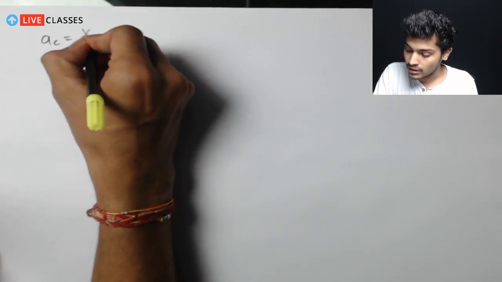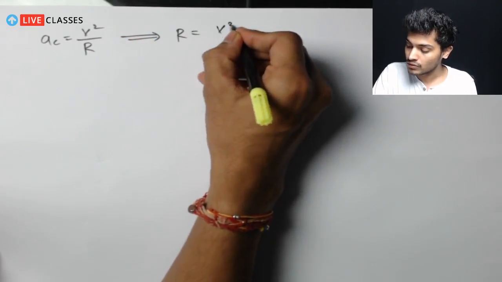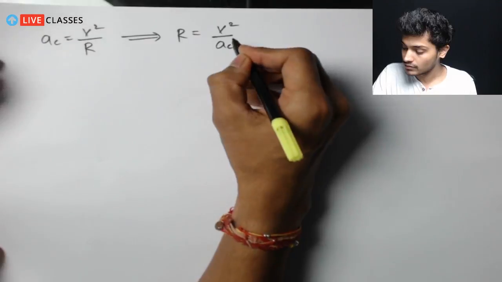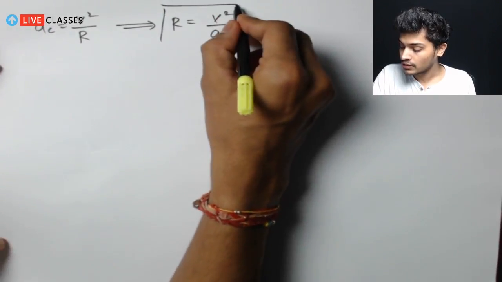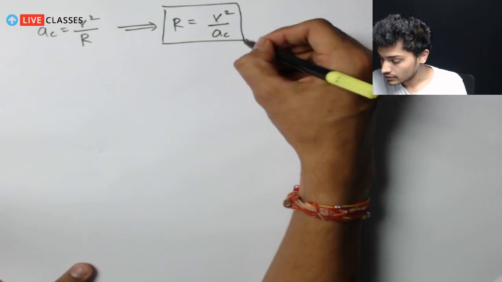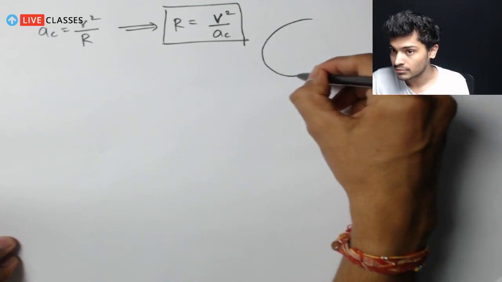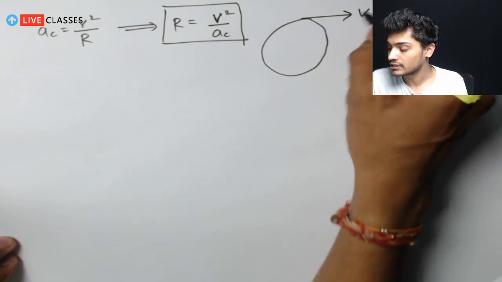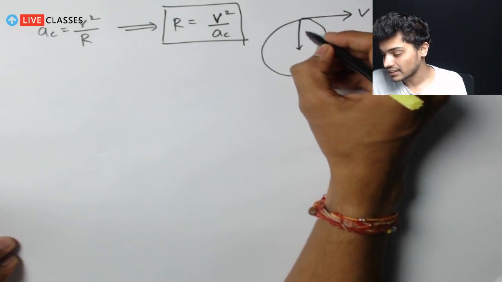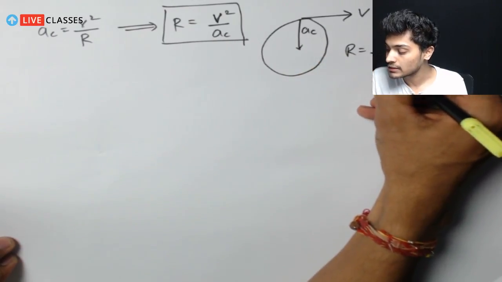AC is V square by R, so that implies R is equal to V square by AC. So this R will give our radius of curvature. For example, if there is some circle like this, with speed V and some acceleration A acting towards the center, then radius of curvature will be given as V square by AC.